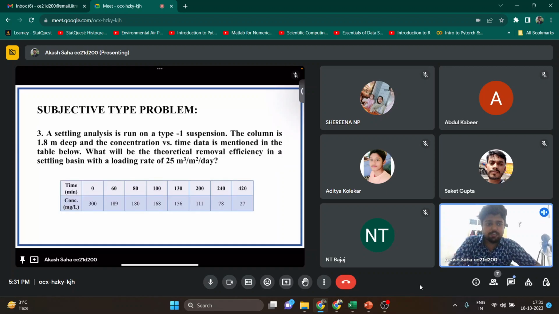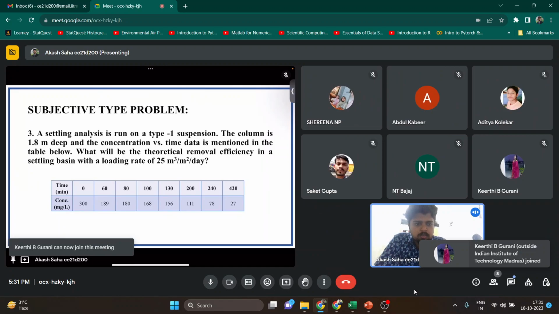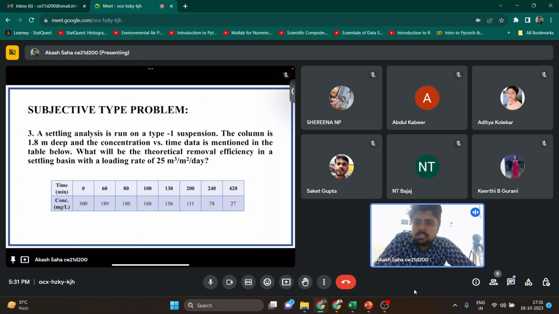Okay. So this is a graphical type problem. We'll discuss how to do this, but first see. So it says a settling analysis is run on a type 1 suspension. The column is 1.8 meter deep. Okay, so I will go through the question again. It says that a settling analysis is run on a type 1 suspension.